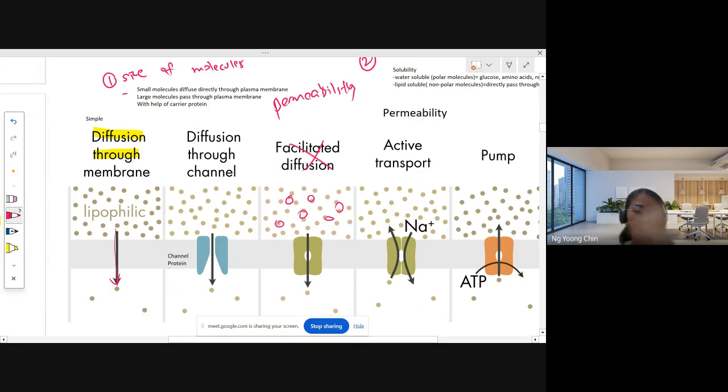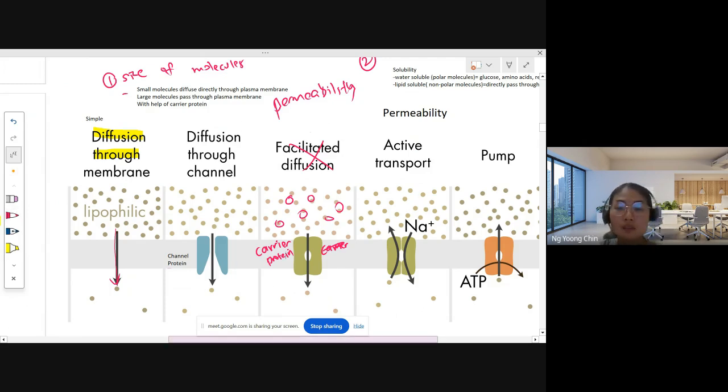But just let you know that facilitated diffusion is also a kind of method. It helps transport polar molecules through what we call a carrier protein. And then last, we learn about active transport.